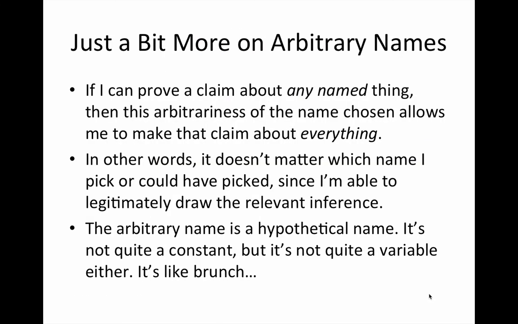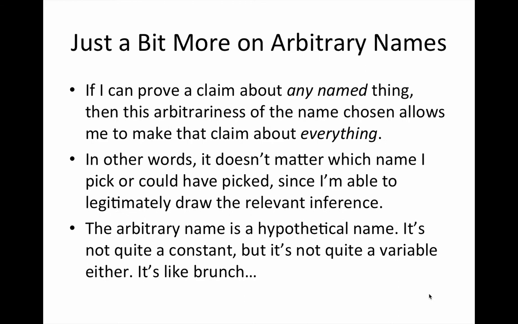So let's sum up what we've just said. I hope that this pulls some ideas together and clarifies the point of the single use of a name in a subproof and what the hypothetical or arbitrary nature of that name is. So the thinking is something like this.